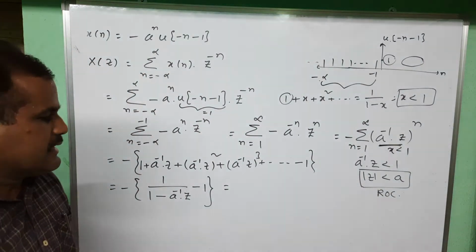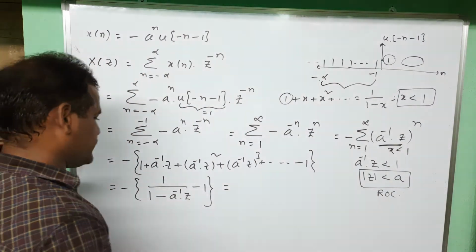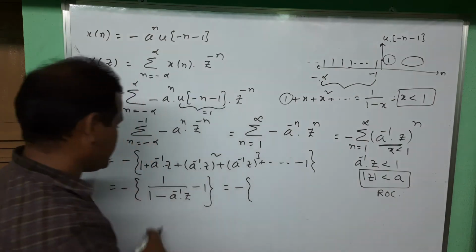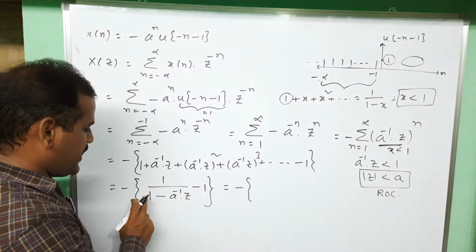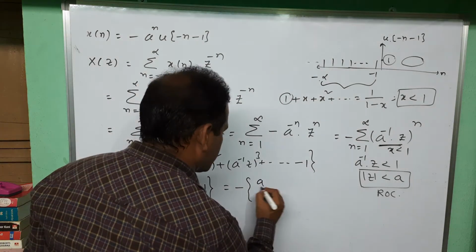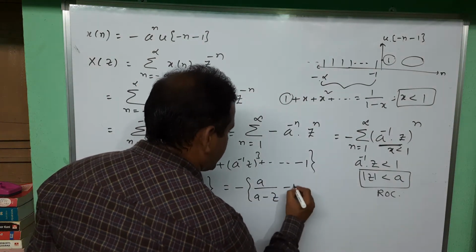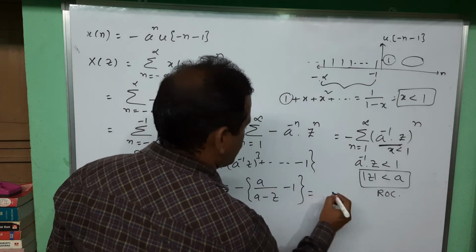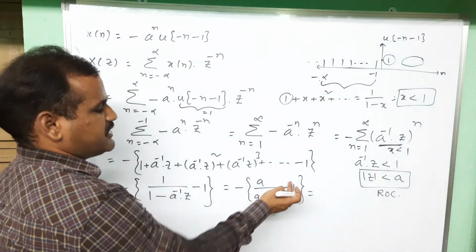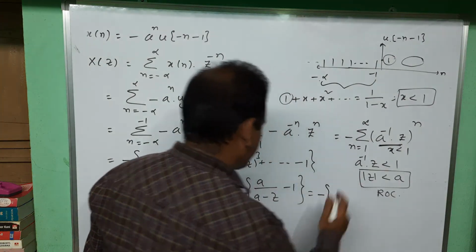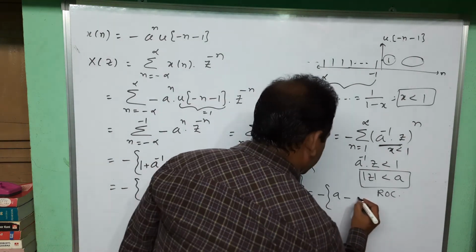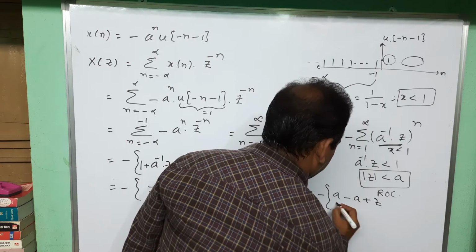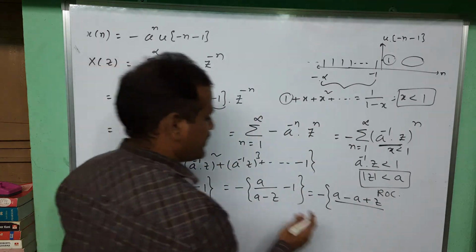Then we can simplify this expression. I can write this as 1 by a, so that a by a minus z, minus 1. Further, this is a minus a plus z divided by a minus z.